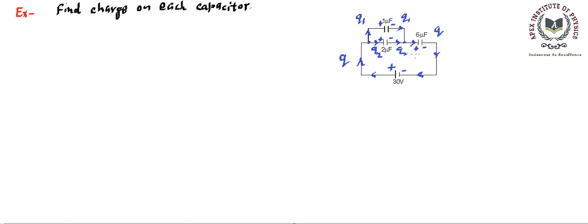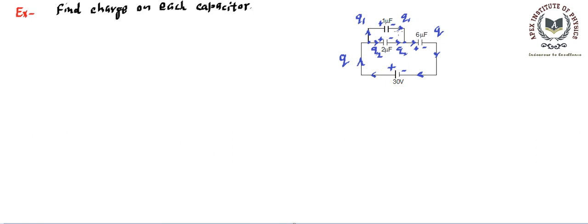So this is how we will assume the charges on each and every capacitor. Suppose there was a very complex system, we would follow the same approach. From one battery we will start, and we will keep on distributing until we come back to the same point. Once we are able to find the values Q, Q1 and Q2, then we will be able to find the charges on each capacitor. The 1 microfarad will have a charge Q1, the 6 microfarad will have a charge Q, the 2 microfarad will have a charge Q2, and the battery will deliver Q charge.